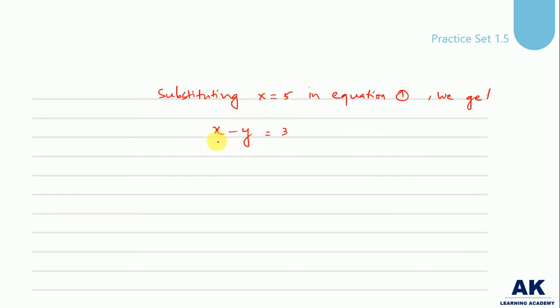So replace x by 5, which is 5 minus y is equal to 3, right? Therefore if I shift minus y to the right hand side, I get plus y, and in the same way if I shift plus 3 to the left hand side, I get minus 3, right? 5 minus 3 is 2. Therefore y is equal to 2, right?